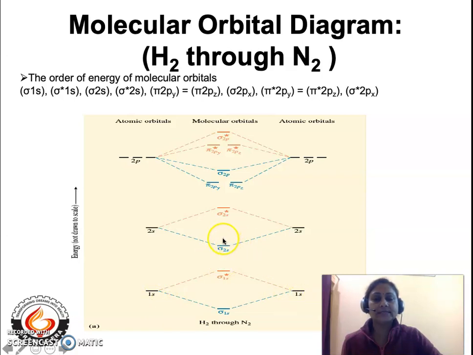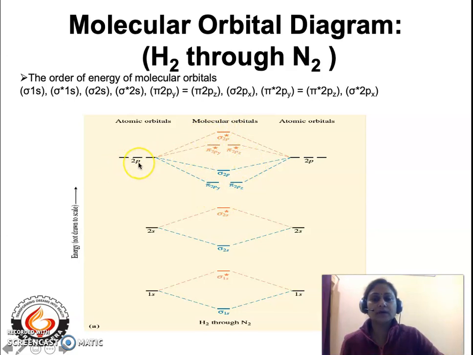Next is the sigma 2s and the sigma star 2s, and sigma star 2s has a higher energy level as compared to the sigma 2s, and both are developed as a result of the overlap of the 2s atomic orbitals. Now the 2p atomic orbitals: there are three 2p atomic orbitals, so the three 2p atomic orbitals will overlap with the three 2p atomic orbitals to give rise to 3 plus 3, that means a total of 6 molecular orbitals.